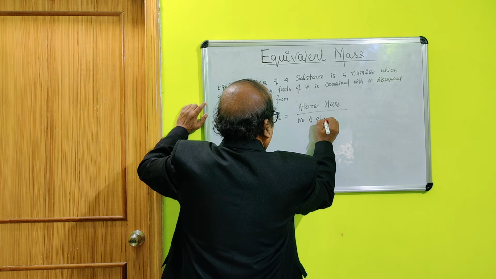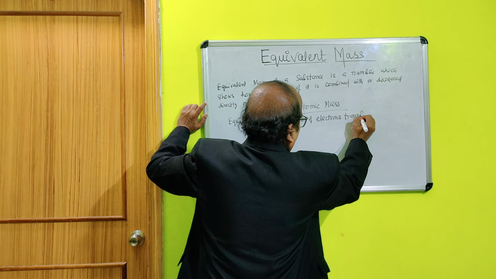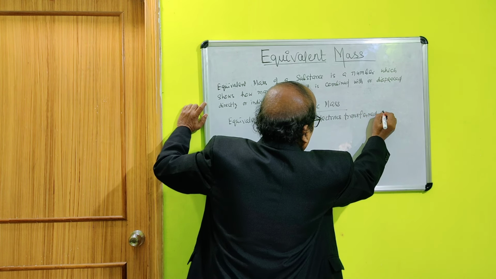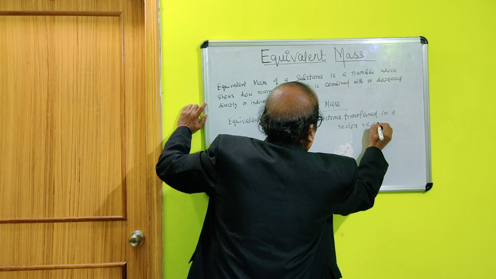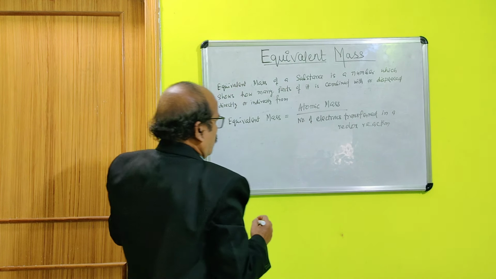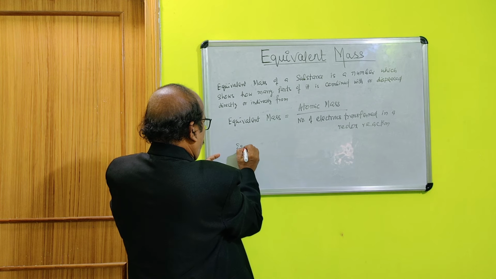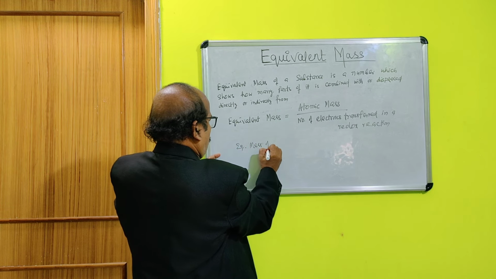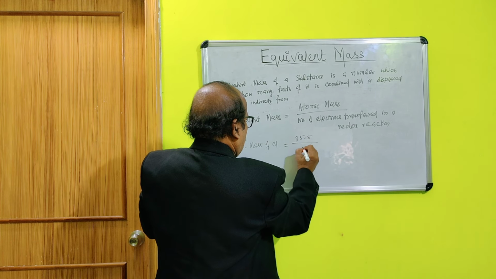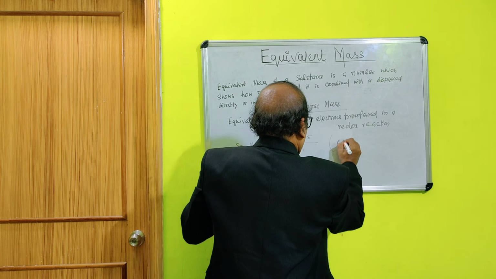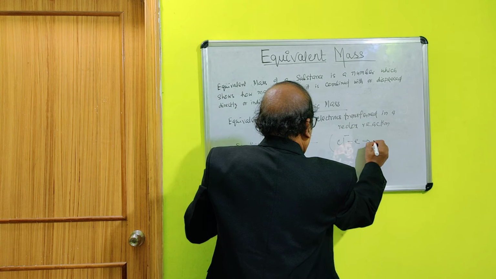One more thing: equivalent mass is also equal to atomic mass by the number of electrons transferred in a redox reaction. Suppose we take chlorine: equivalent mass is 35.5 by 1, because Cl minus gives 1 electron to give rise to Cl.